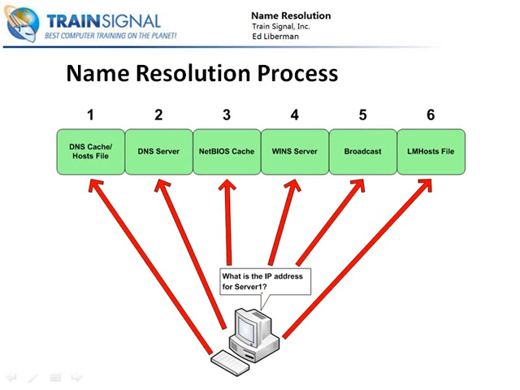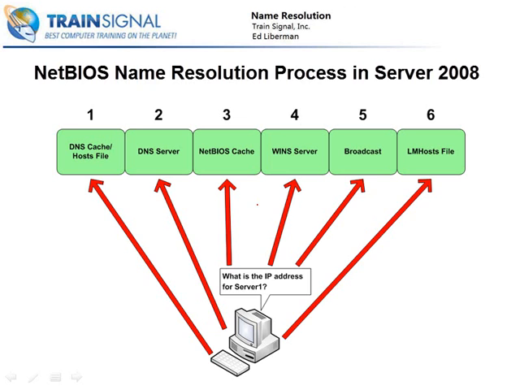And the reason I say host name resolution process is because if we were going to be looking up a NetBIOS name, then technically these are the 4 steps that we're going to go through first. So if it's a NetBIOS name, we're going to look at the NetBIOS cache, then the WINS server, then broadcast, then LM host file.